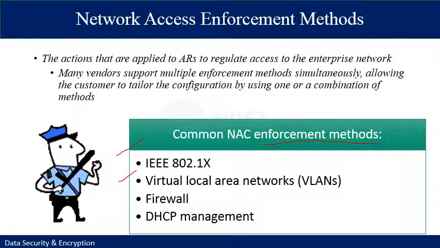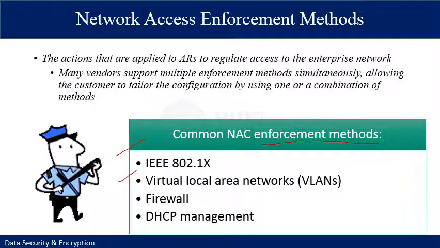The next is the virtual local area network enforcement method, and in this approach the enterprise network, consisting of an interconnected set of LANs, is segmented logically into a number of virtual LANs. The network access control system decides to which of the virtual LANs it will direct a supplicant, based on whether the device needs a security remediation, internet access only, or some level of network access to enterprise resources.